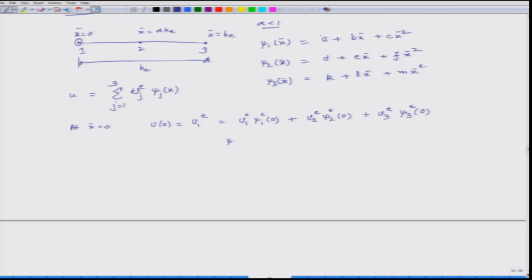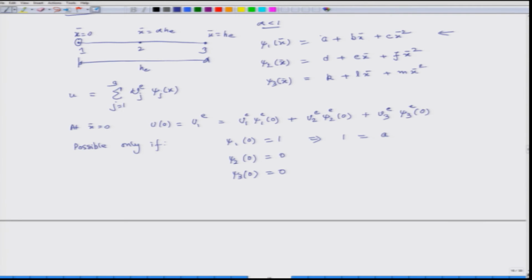This is possible only if psi 1 at 0 equals 1, psi 2 at 0 equals 0, psi 3 at 0 equals 0, which means 1 equals a, and in this case I am going to put in the relation for psi 1.